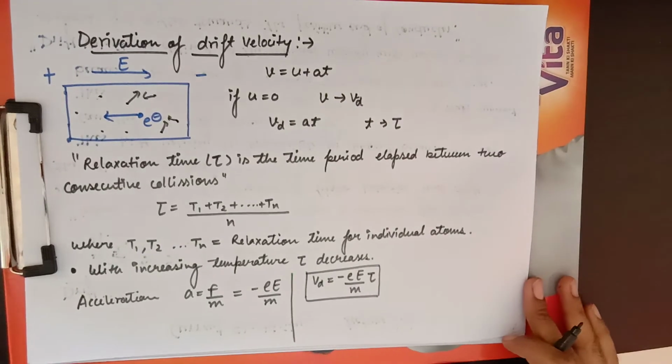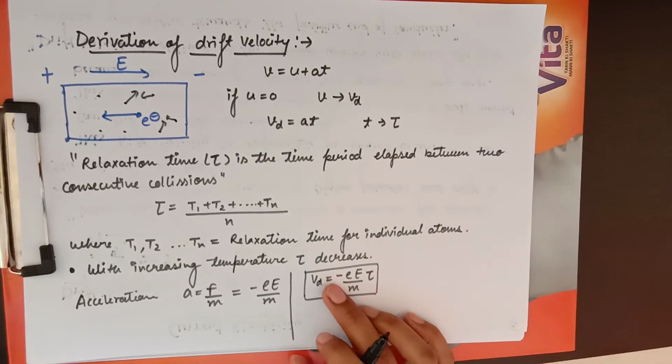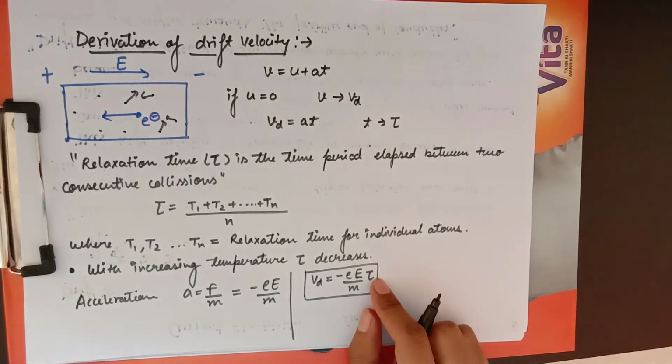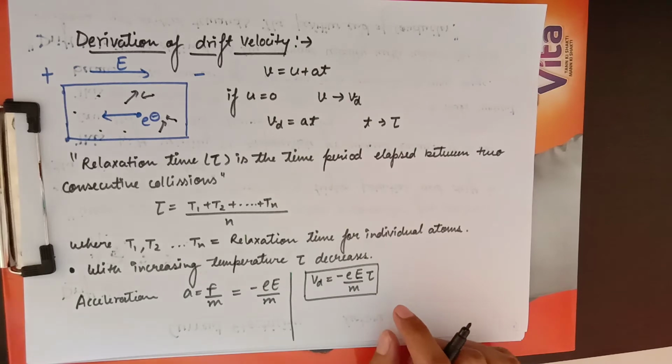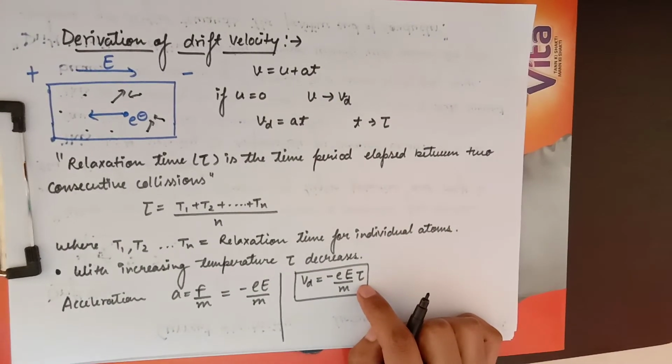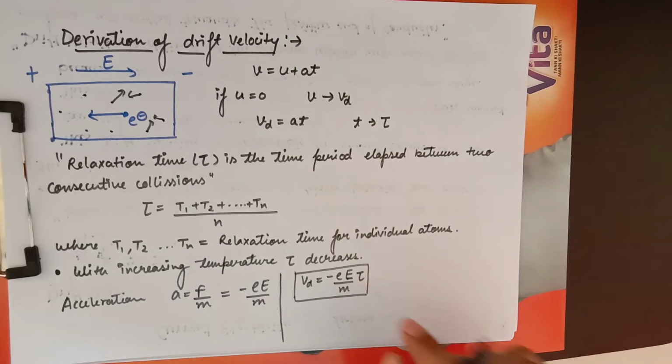From this formula you can see that the drift velocity depends upon the electric field and tau, and if the temperature increases, as tau decreases, vd also decreases.